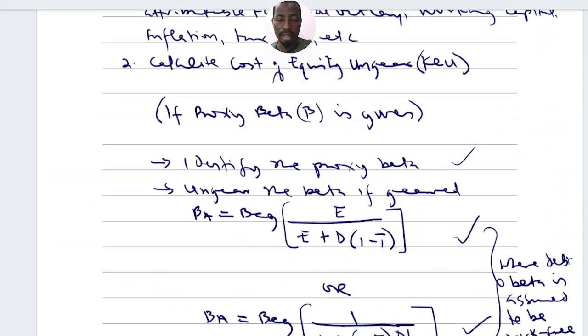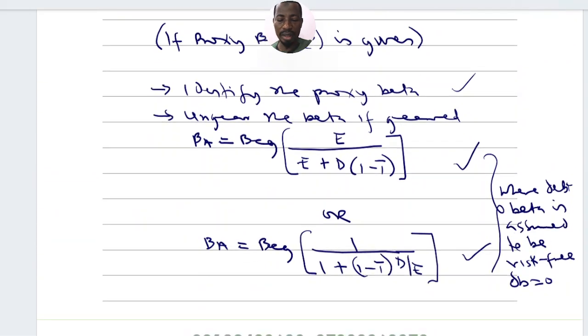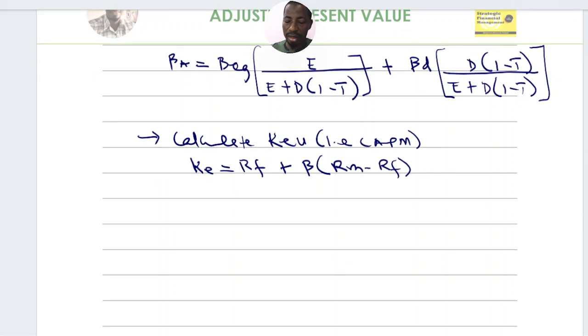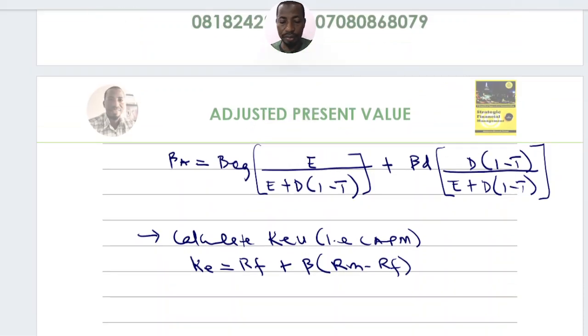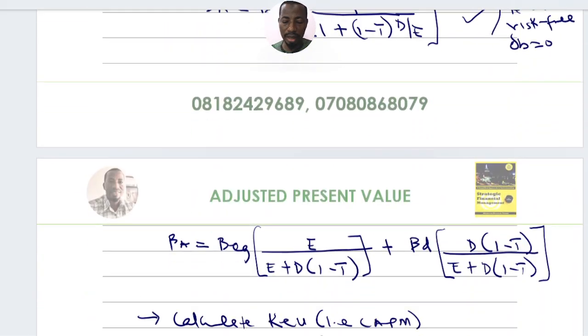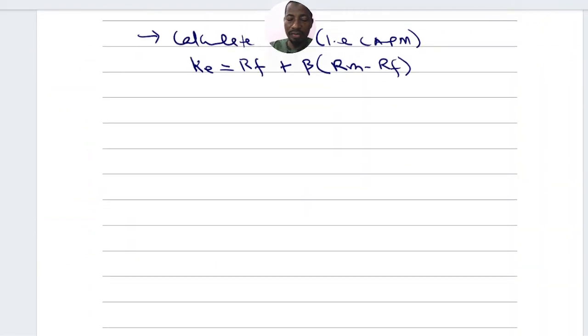So then I move to step 3 of calculating base case NPV, which is to calculate the present value.